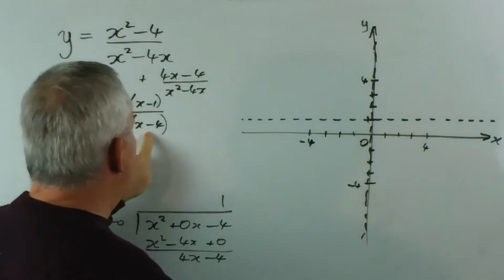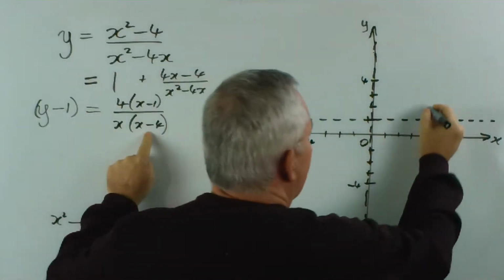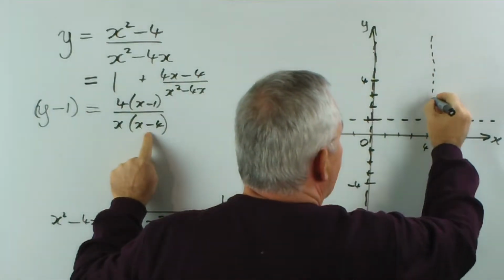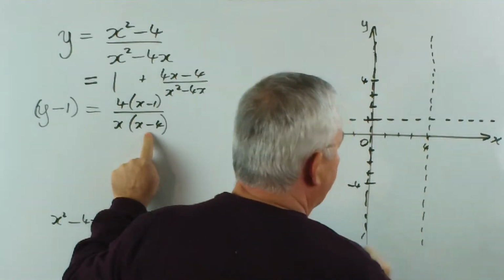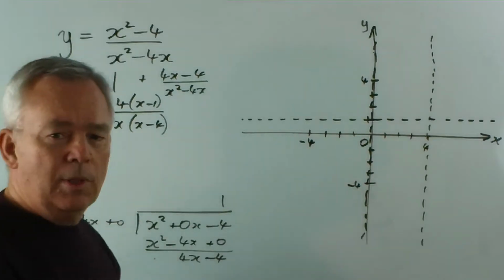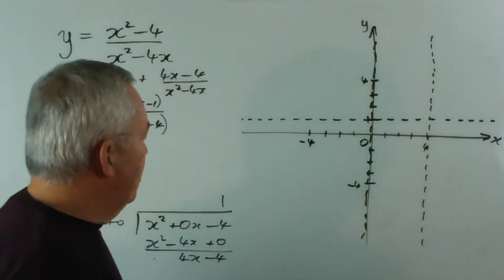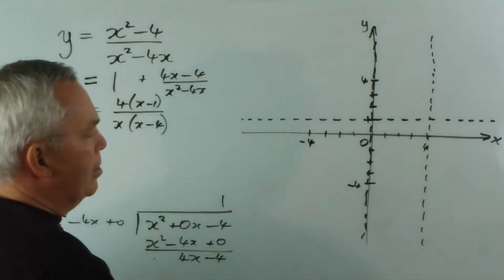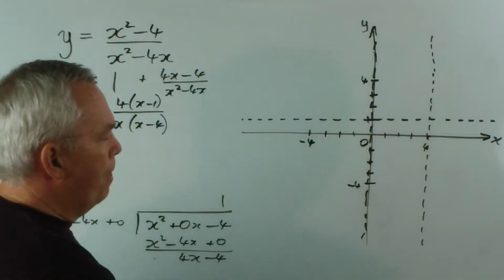And the other one is going to be where x is worth 4. So we have an asymptote here. And they're both, in fact all three of them are normal asymptotes. So we've found our asymptotes and we know their nature.